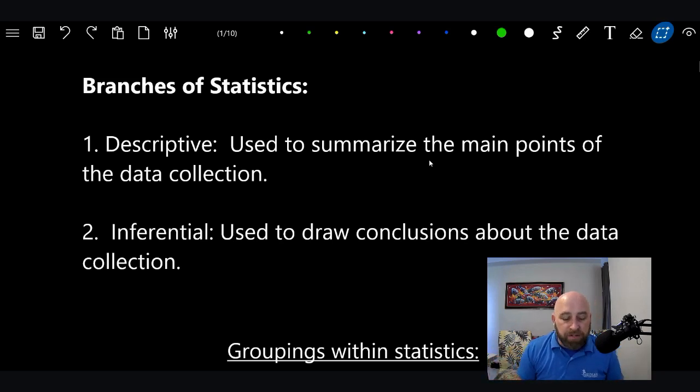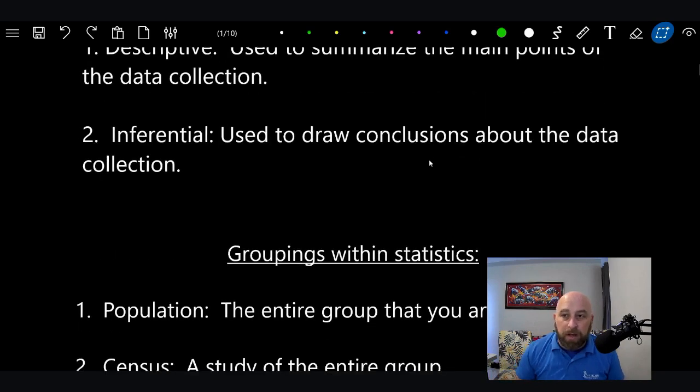In inferential, number 2, we use this to draw conclusions about the data. So in other words, if you've collected data about temperatures of a city, you would use inferential to say, well, I think that if it has been this temperature throughout this month, then next year during this month, it will probably be the same basic temperature in this city.